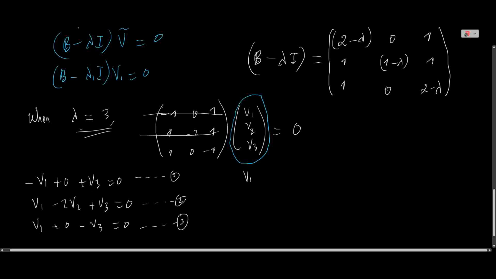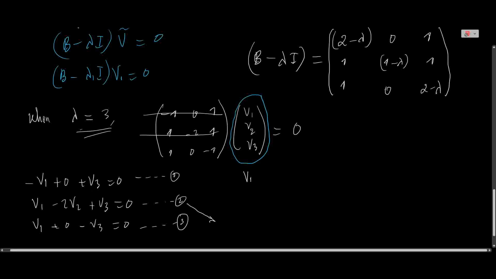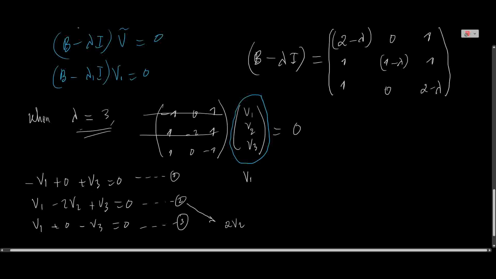Now from equation 2, it shows that our v2, which is 2v2, is v3 plus v1. We already saw from equation 1 that v1 is equal to v3, so our 2v2 is 2v1, right? Meaning that our v2 is v1. So we are going to replace this.